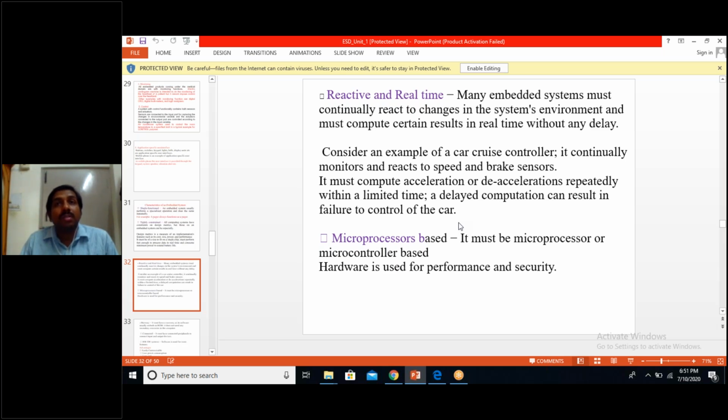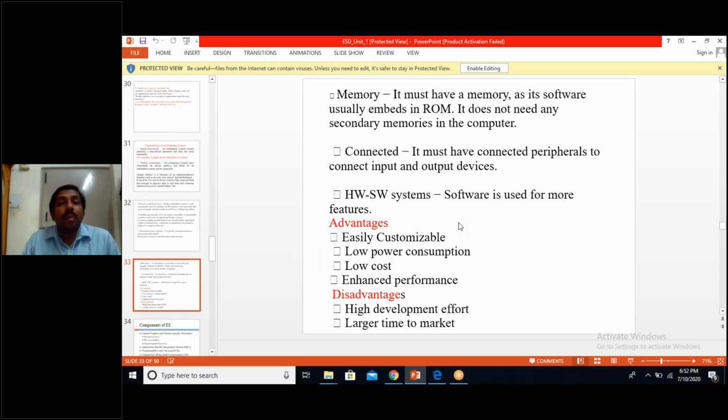Some processors have a complex instruction set, some have a less complex one, some use RISC architecture, some use CISC architecture. So this hardware is going to decide its performance and security, and based upon the memory, it is one of the characteristics.